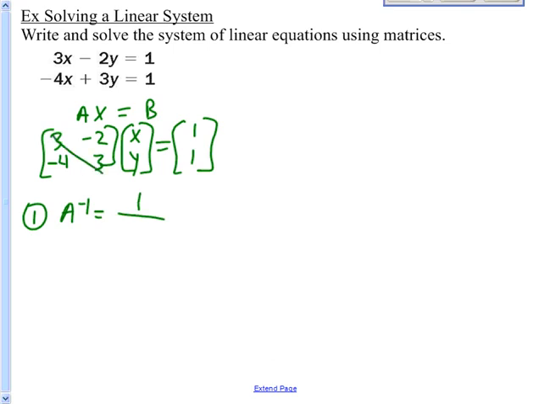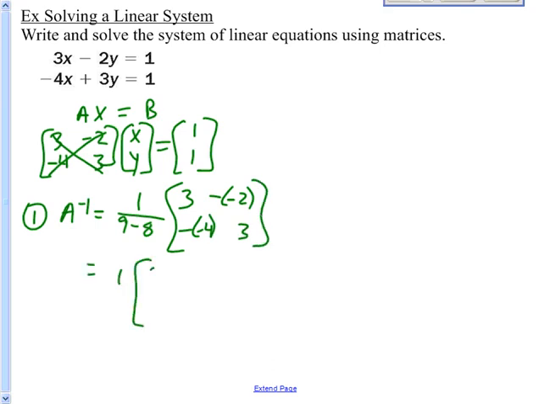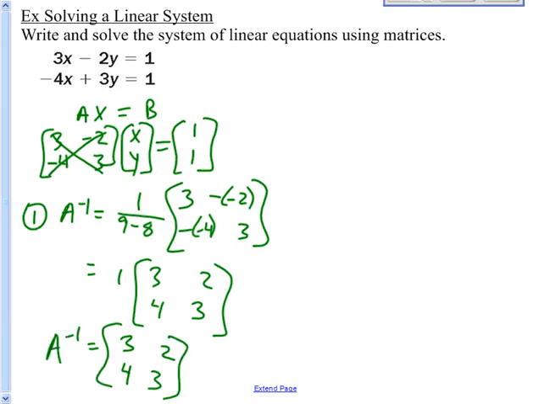The determinant is 9 minus 8. Then D, negative B, negative C, and A. So we've got 1 over 1. Multiply the 1 through to each of those. That's not going to change anything. So 3, 2, 4, 3. Okay, there's our A inverse.